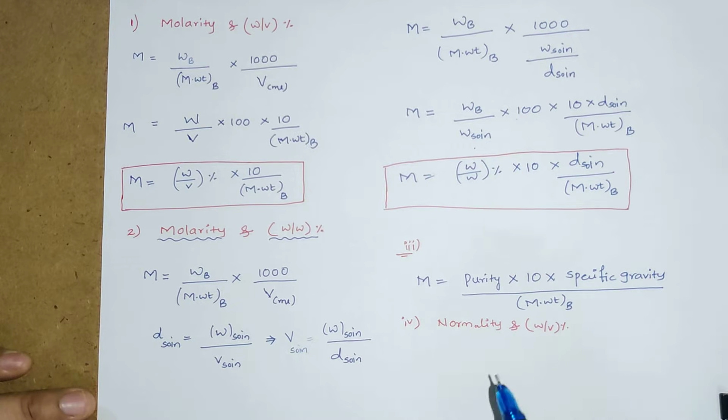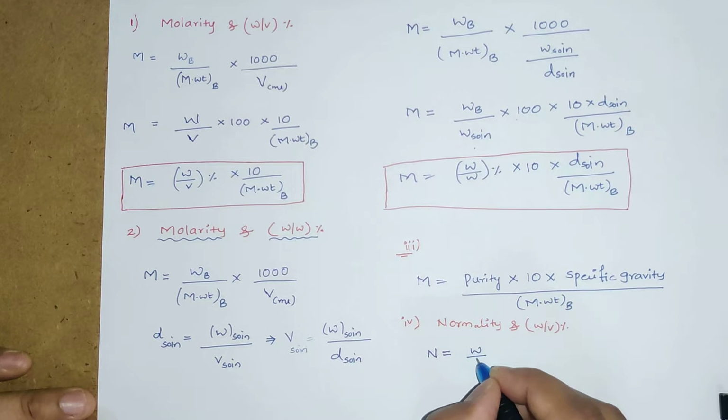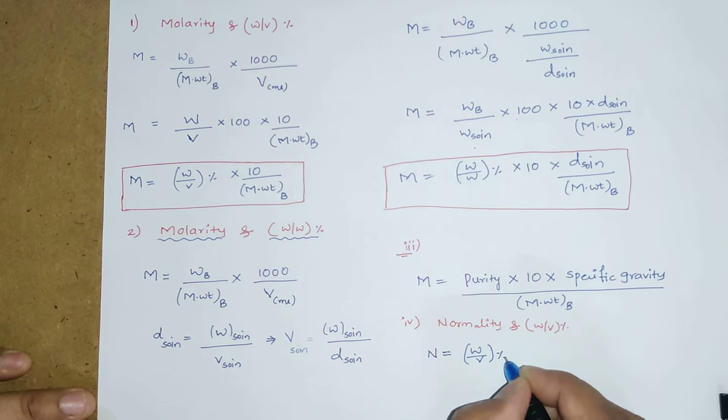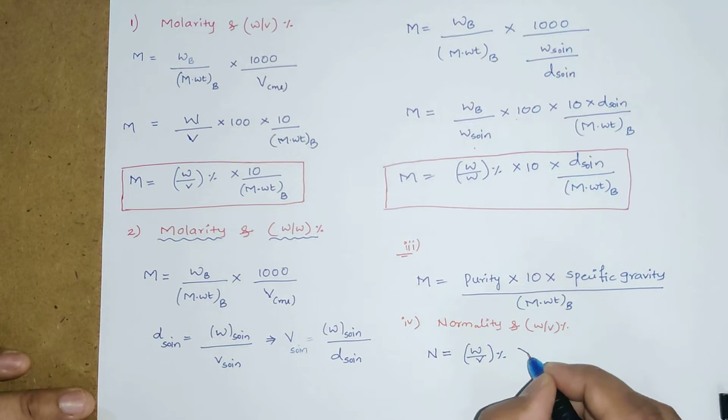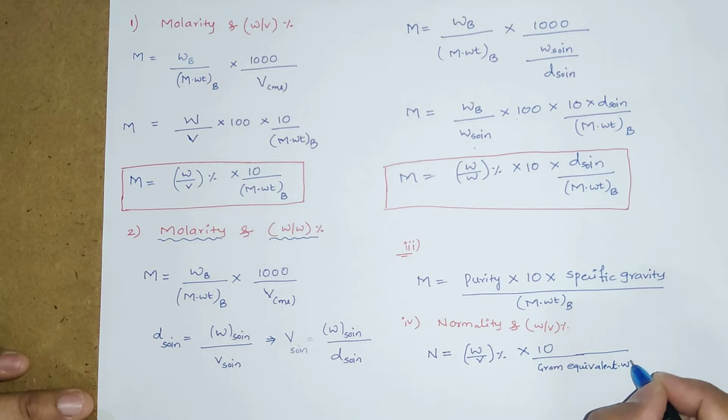That is, I write as normality is equal to mass by volume percentage into 10 divided by gram equivalent weight of solute.